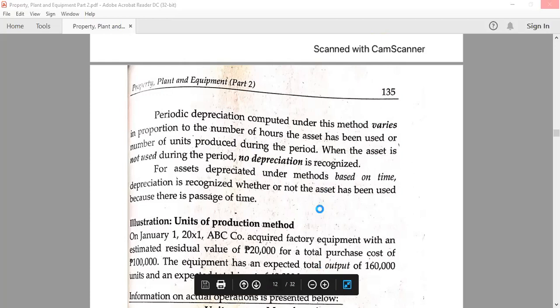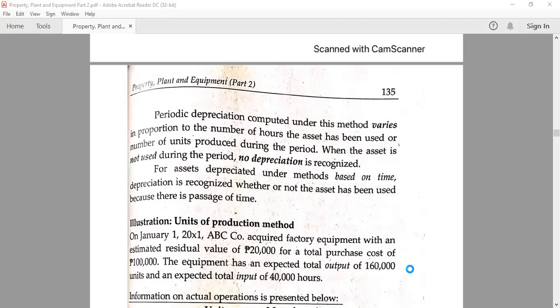For the service hours method, we develop the service hour rate or depreciation rate, which is simply the depreciable cost divided by the total service hours estimated that can be done over the life of that PPE.